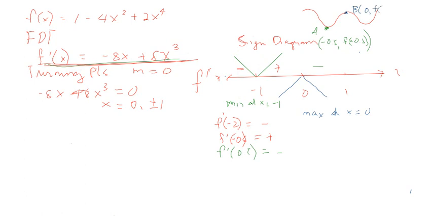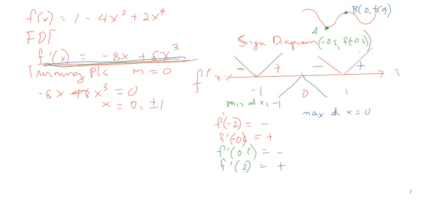Now for the last one, we choose a test point here. So let's say we choose 2. So that gives us a positive sign upon substitution here. So positive, and then again the behavior of the function is that we have here negative, it's decreasing and then increasing.